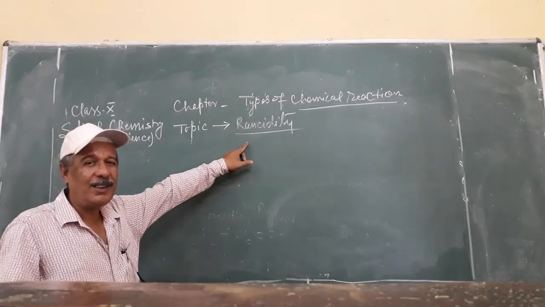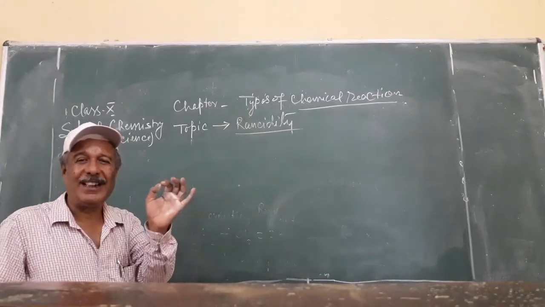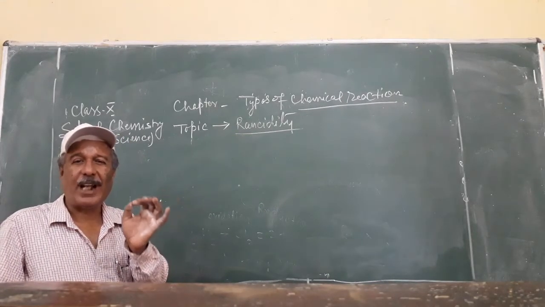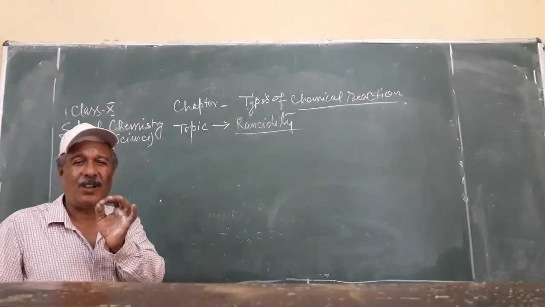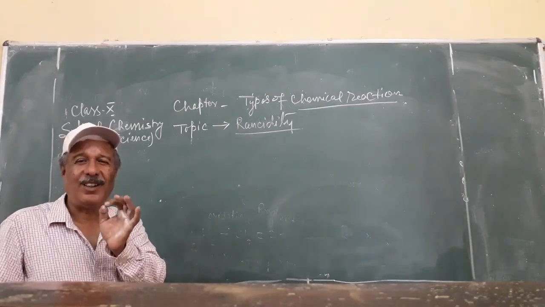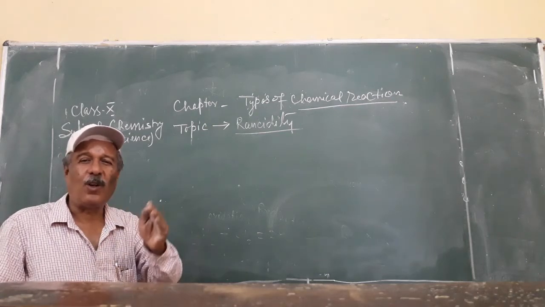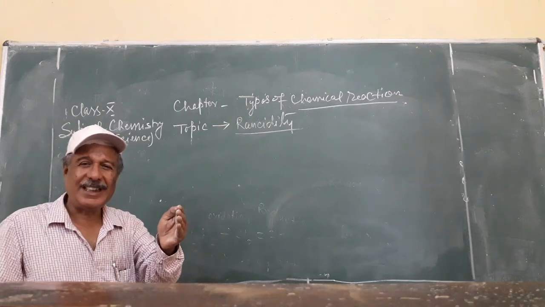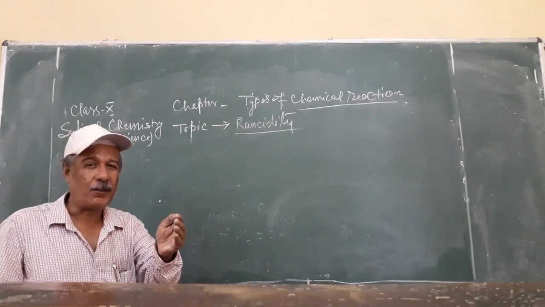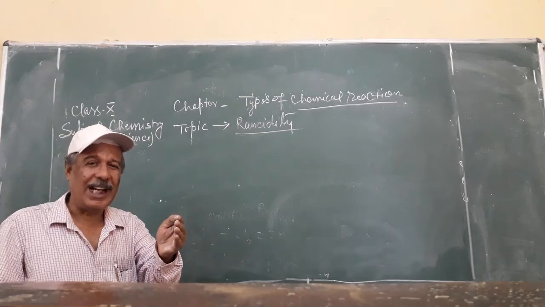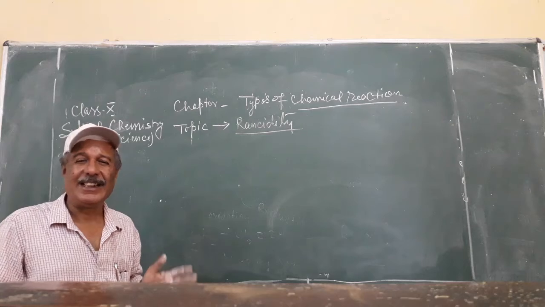Once again I am repeating it. Any food material which is fried in any edible oil or vanaspati ghee or natural ghee and kept for a long time, by which it is not suitable for eating, is known as rancidity.